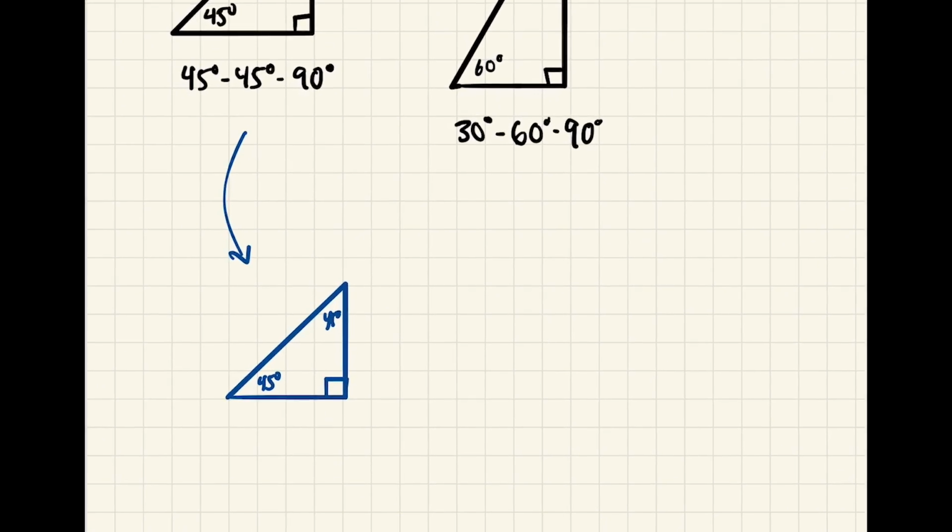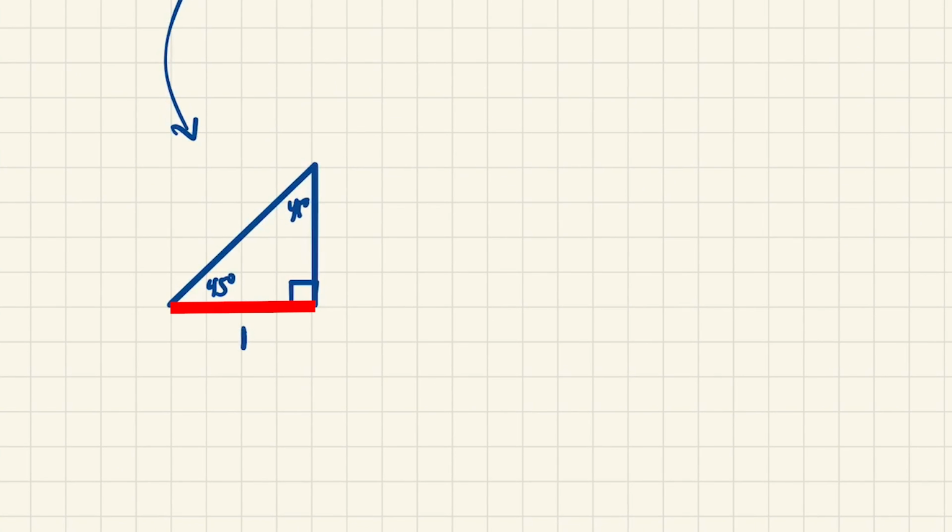Let's decide that this base length is 1, and since this is a 45, 45, 90 triangle, this altitude over here, this other side, is congruent to the base, so it's also a length of 1. Let's call this side C, and we'll use the Pythagorean theorem to determine the value of C. So C squared is 1 squared plus 1 squared.